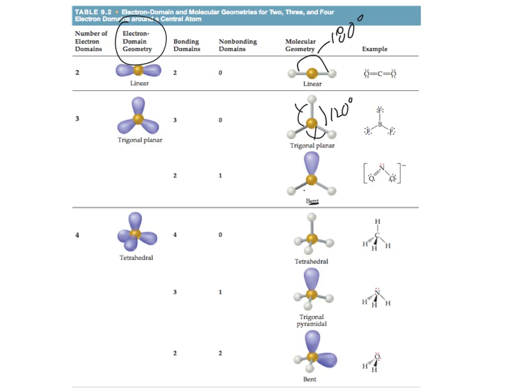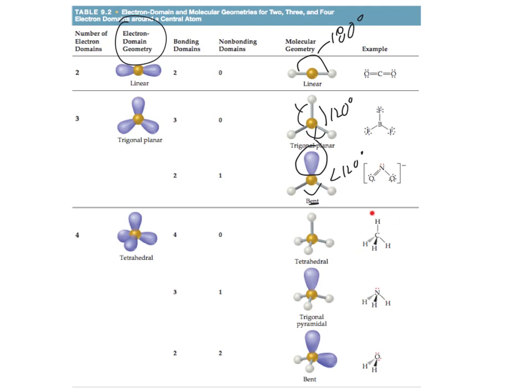Bent molecules have a bond angle that is actually slightly less than 120 degrees. The reason it's slightly less is because the lone pair, or the non-bonding domain, takes up more space on that central atom. Okay, so we can continue on to the next example.